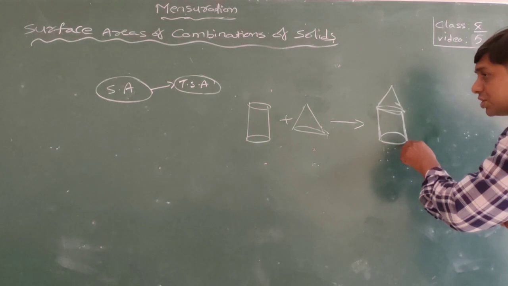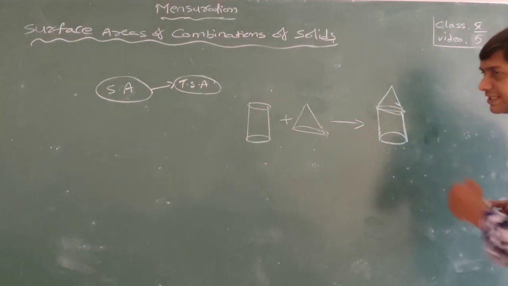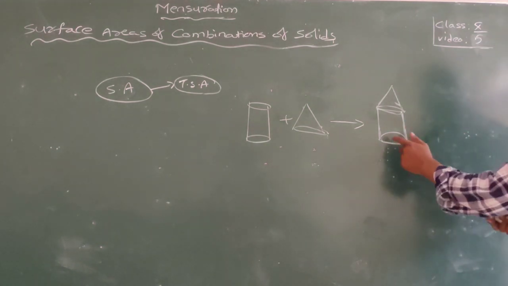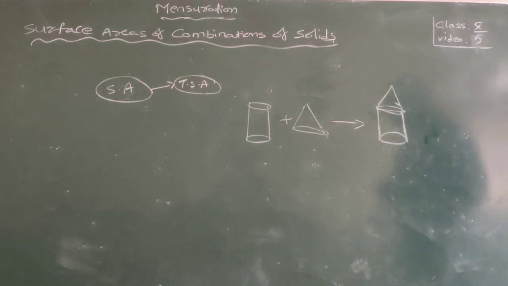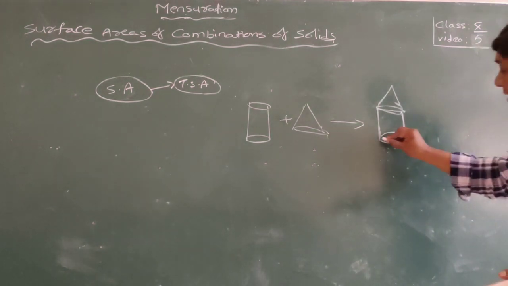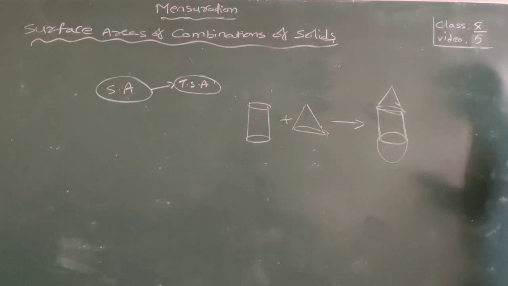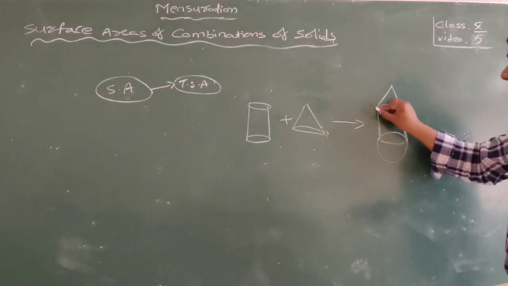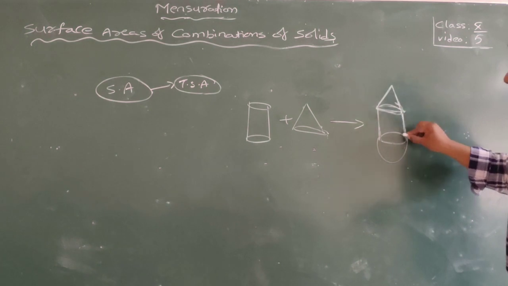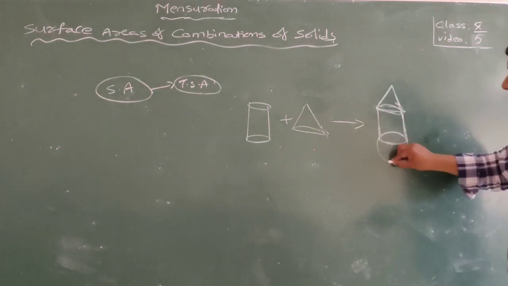If it is a closed one, this base also you have to consider, the area of the circle. If not, if this end is made with a hemisphere, then we need not take anything, because the top is covered by the cone and the base is covered by the hemisphere.